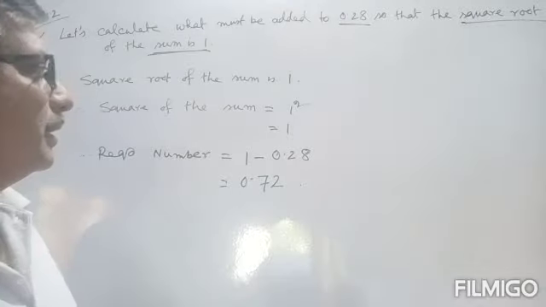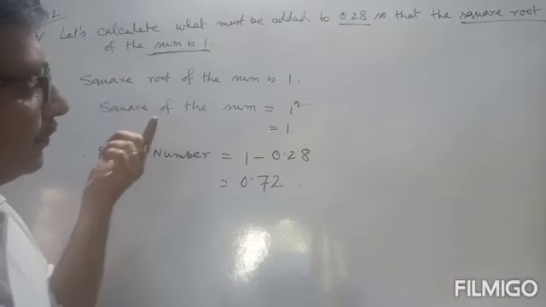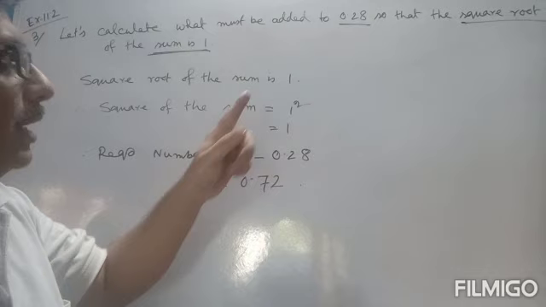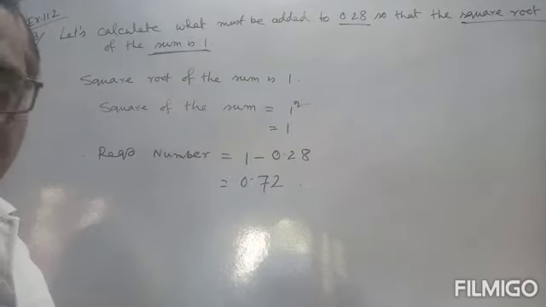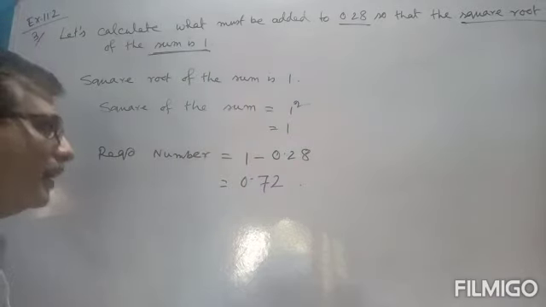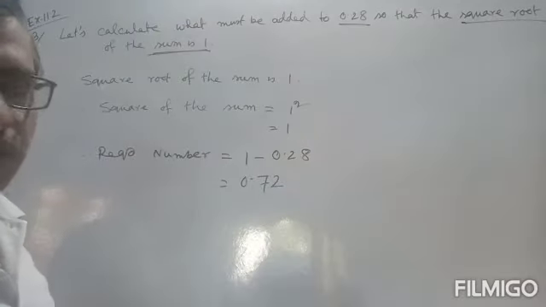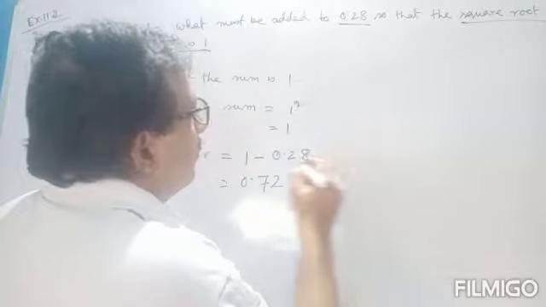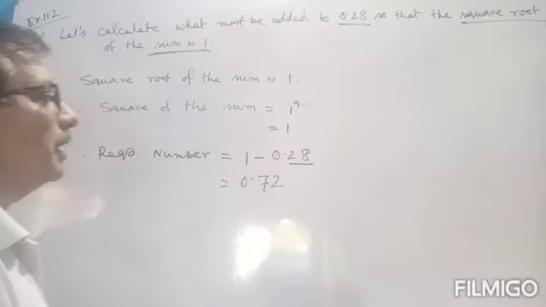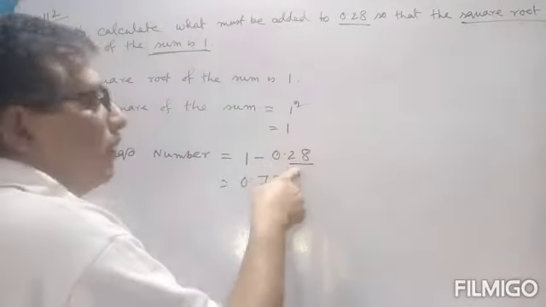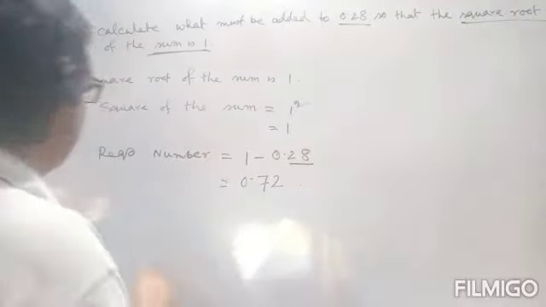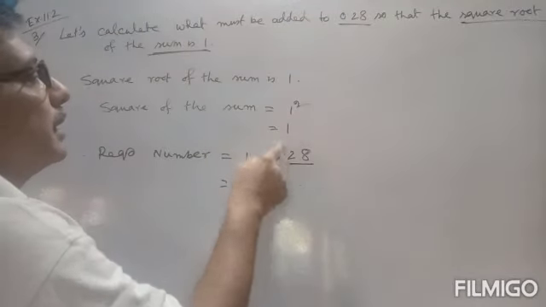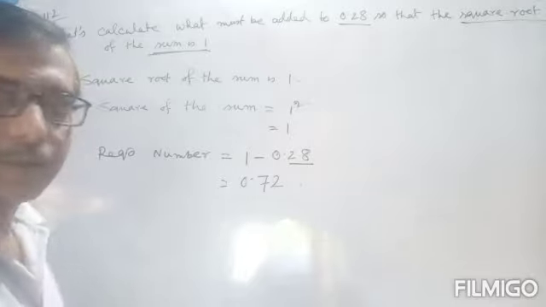So the required sum of two numbers is 1 and one number is 0.28. Then we find the other number. How? Very simple. Sum of two numbers is given, one number is given, then we find the other number just by subtracting the number from the sum. Therefore the required number is 1 minus the given number, that is 0.72.